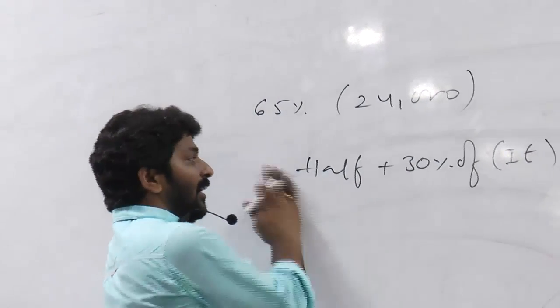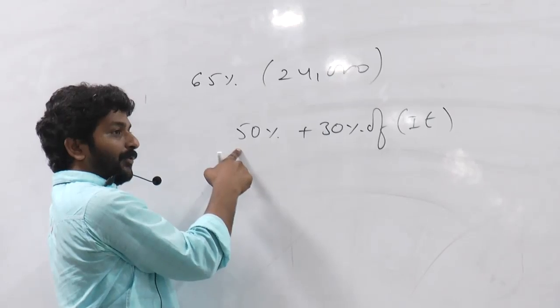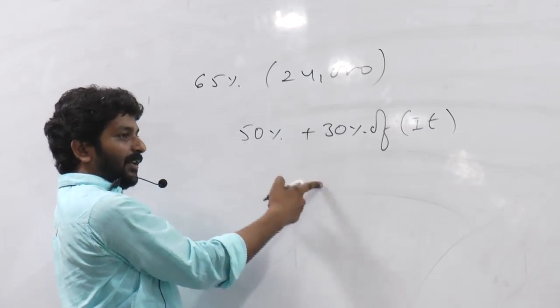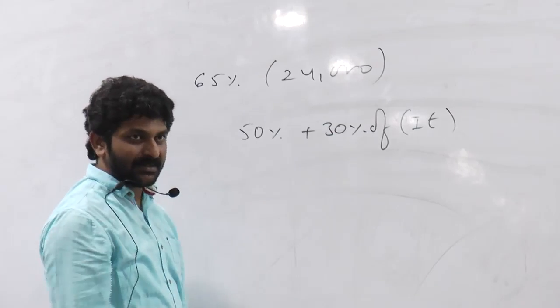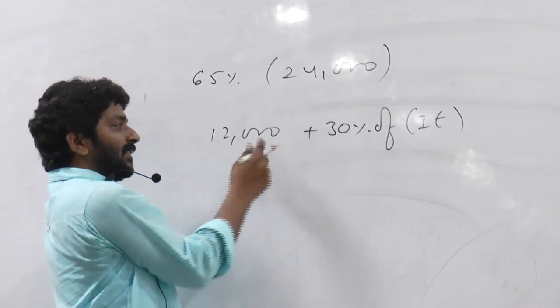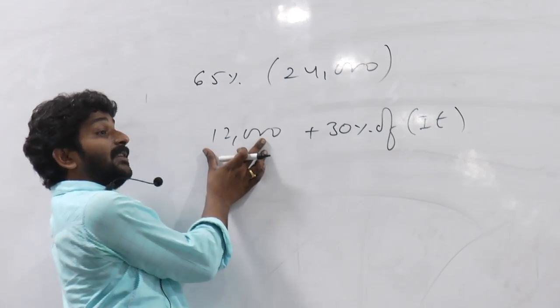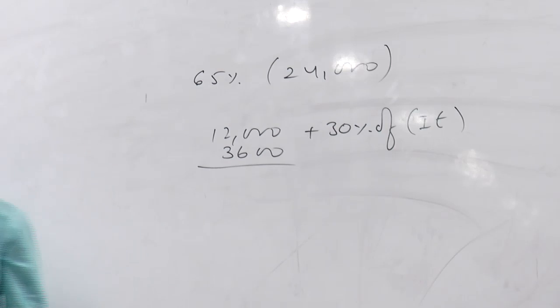Half in the sense it is 50%. 10% of this number is 5. 20% is 10. 30% is 15. So this entire value gives you 15%. Total value will become 65%. 50% in the sense half of this number, which is 12,000. 10% of this number, 1200. 30%, 3600. Add these two, 15,600.